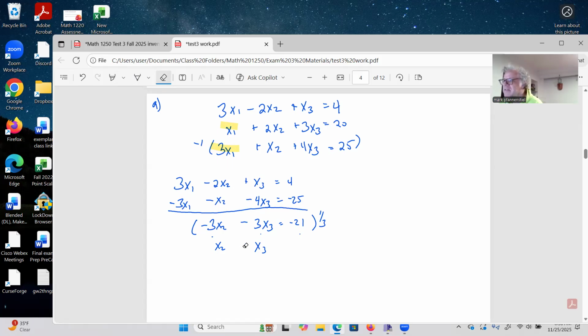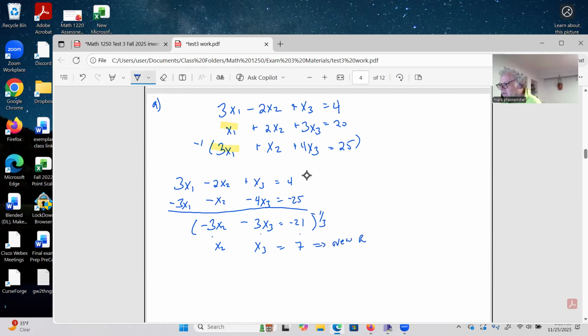But to keep things as small as possible, let's say that's equal to 7. And that's my new and improved row 3. We'll hold that off to the side.